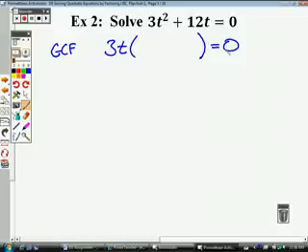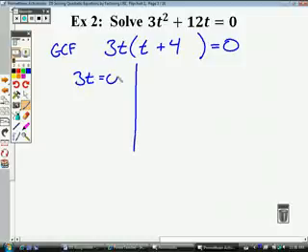Now I looked on 2 people's papers and they had t plus 4. Remember, because 3 times 4 is 12? Okay. All right, and from this point right here, see we got a left side and a right side. We're going to cut the problem into 2 pieces. On the left, we're going to say 3t equals 0. And on the right side, we're going to say t plus 4 equals 0.